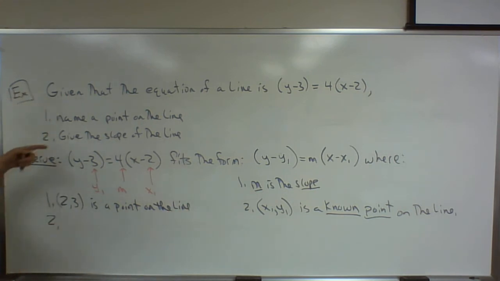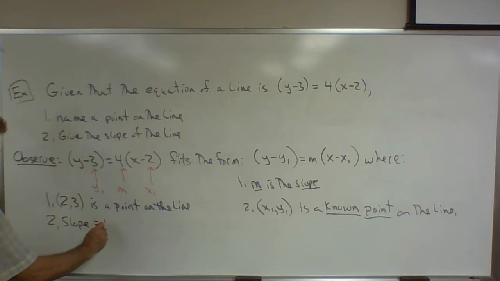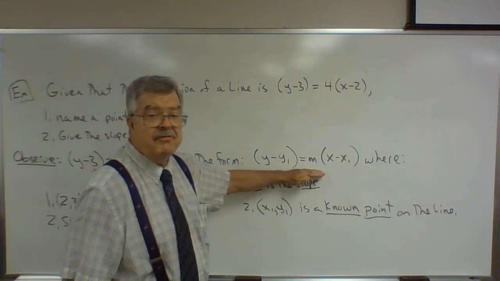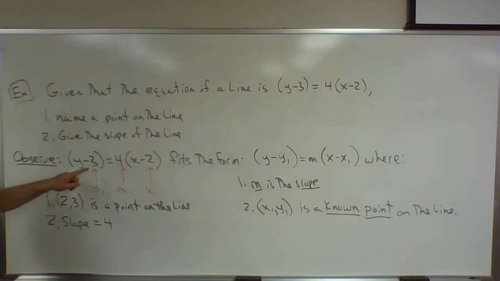And give the slope of the line. Well, that's this thing, isn't it? So just by taking the equation that we have and pairing it up with a known form that we recognize, aha, this is y1, this is x1, x1, y1 is a point on the line. Aha, this is the slope. Slope is 4.